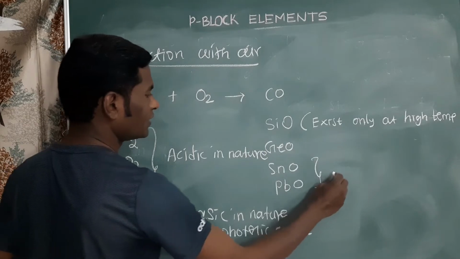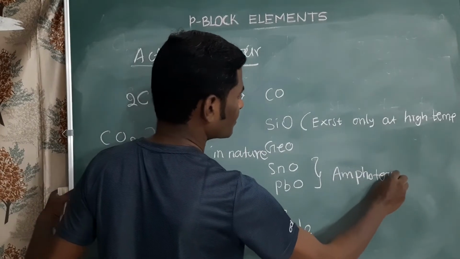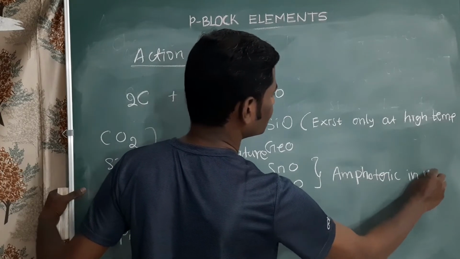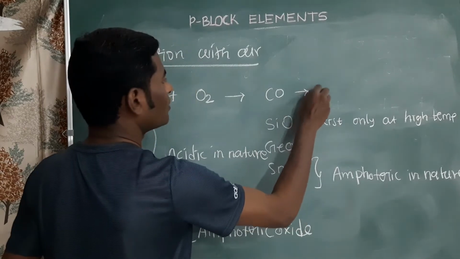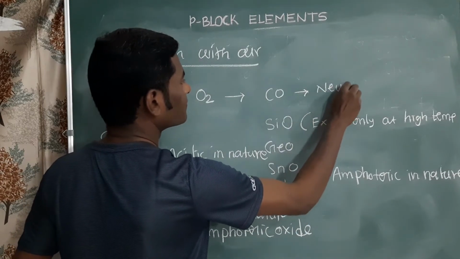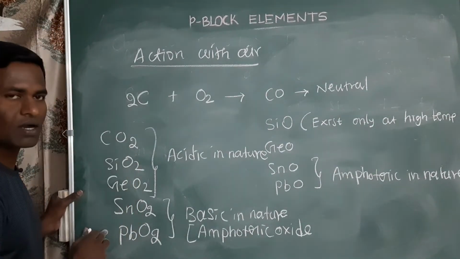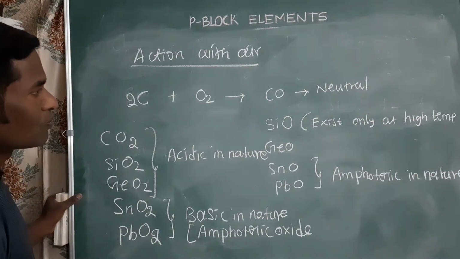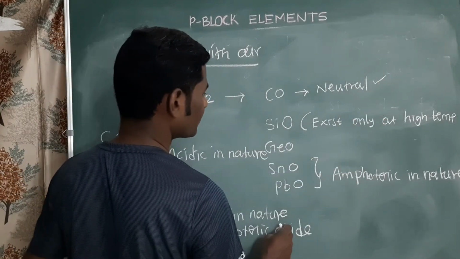Similarly, tin oxide and lead oxide are amphoteric in nature. Carbon monoxide is neutral. Carbon dioxide dissolves in water to form carbonic acid, but carbon monoxide does not give any acid, so it is called a neutral oxide.